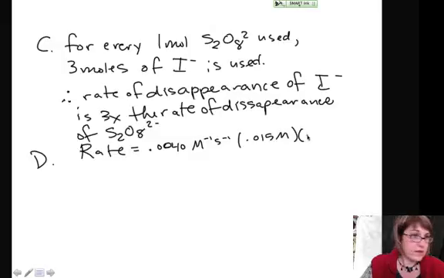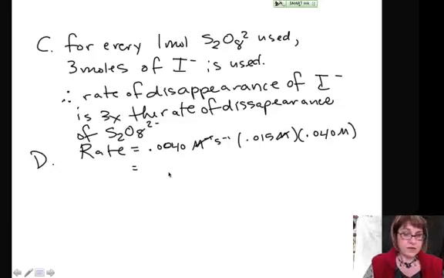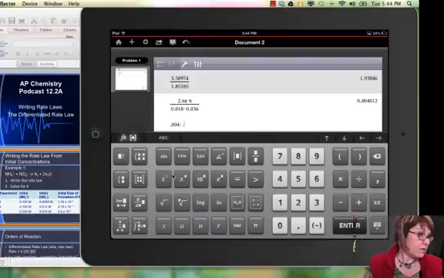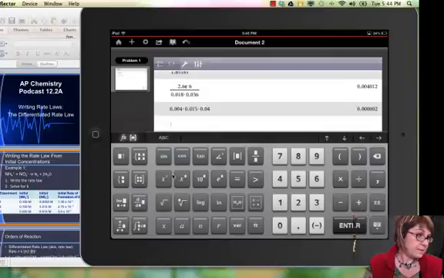And since they're both raised to the first power, we don't have to do any mathematics. It's just canceling out our units and then multiplying. So let's get our calculator and do the multiplication. 0.004 times 0.015 molar and 0.04 molar.